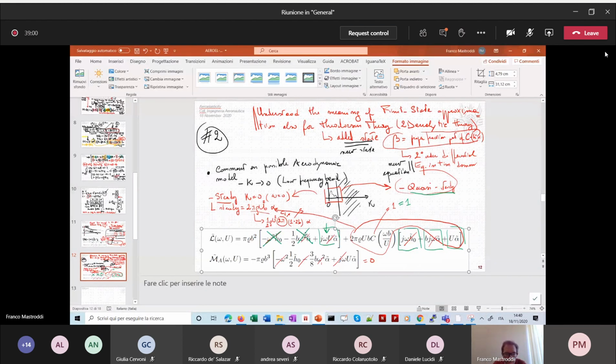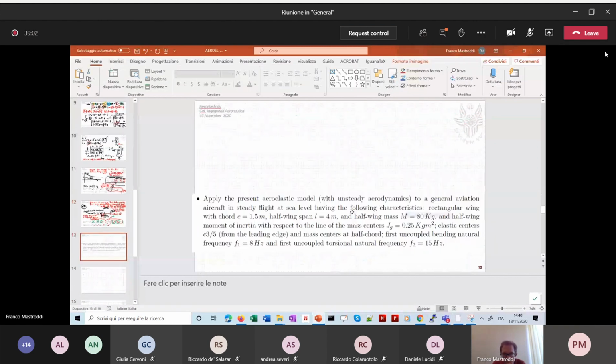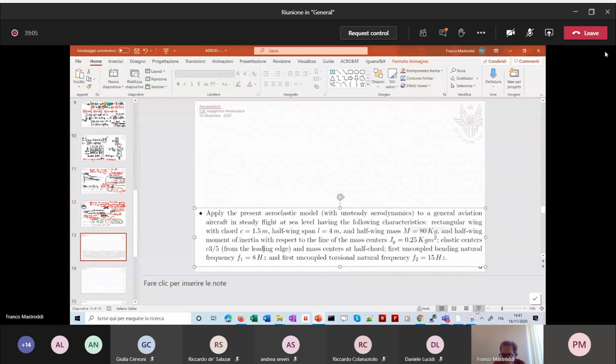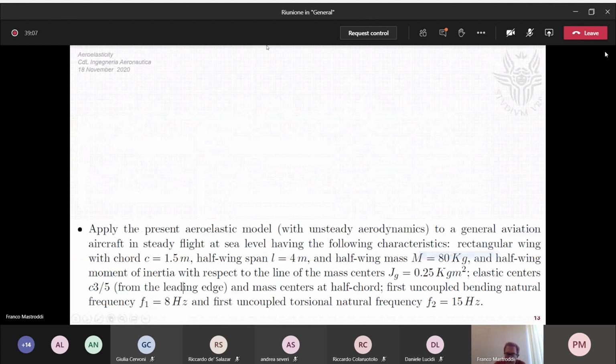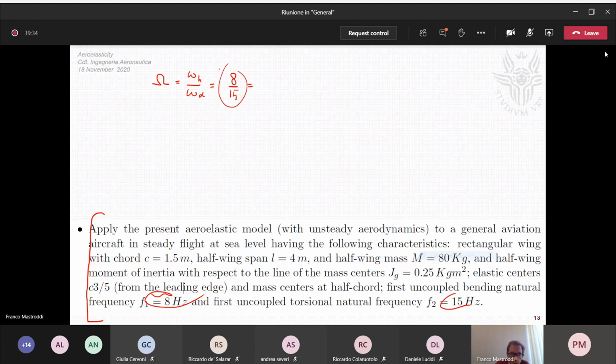In this application, we have to consider all this data, and you have to say, okay, considering this data, in my application, I have omega equal to the bending divided by the torsion. So this could be something like here and here. You have 8 divided by 15. Okay, so this is my omega.